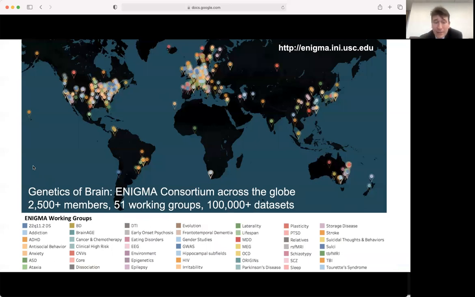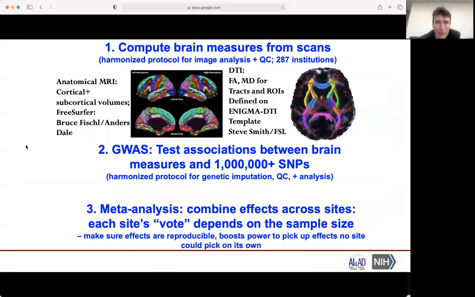And when we've applied this in our Enigma consortium across the globe, over 2,000 members are participating, and now over 100,000 MRI data sets, you can really develop tremendous statistical power to identify variants that matter for the progression of disease. So all of these sites in Enigma might compute brain measures from their scans, morphometry measures from MRI, or white matter microstructure measures from DTI.